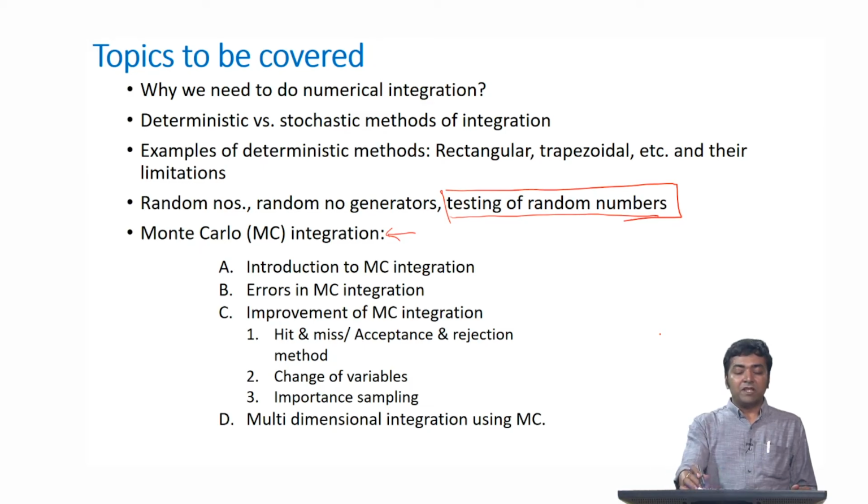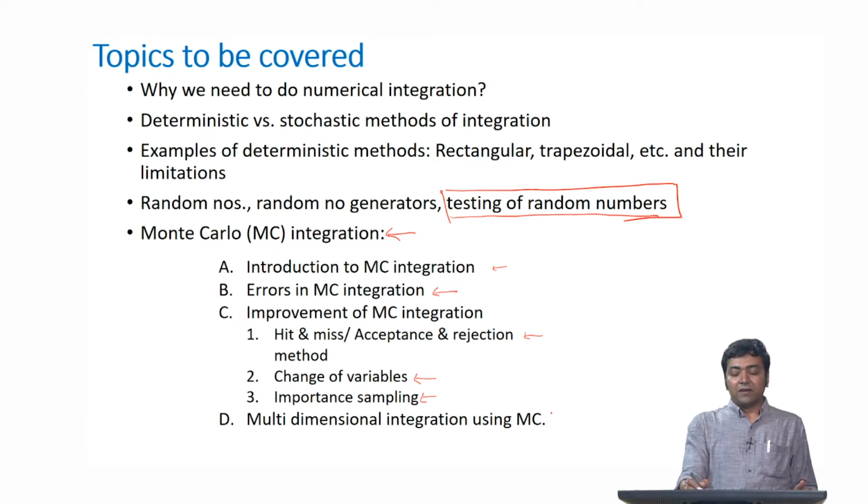And then within the Monte Carlo integration, I will start by giving a brief introduction to Monte Carlo integration. We will see how the errors scale in Monte Carlo integration, and then we will talk about 3 ways to improve the conventional Monte Carlo integration scheme. So, the first one is the hit and miss or acceptance and rejection method. The second one is how one can change the probability distribution by changing the variables, and the third one is how one can change the sampling by using a method called importance sampling.